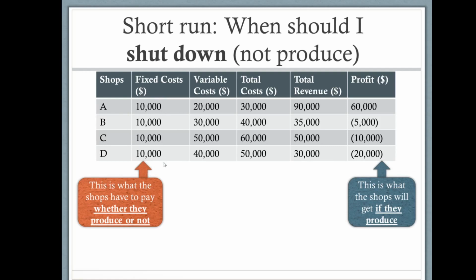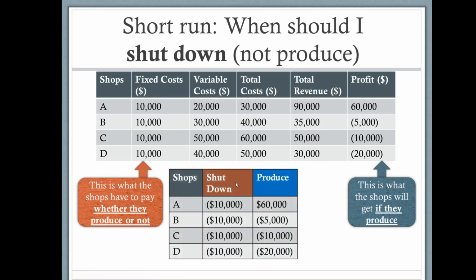You have to pay $10,000, because that's what the fixed cost is all about. It doesn't matter about the output. Even if the output is 0, you have to pay for that fixed cost, just like the rental cost. With that being said, if you group this and the profit together, then you'll be able to find out the answer.